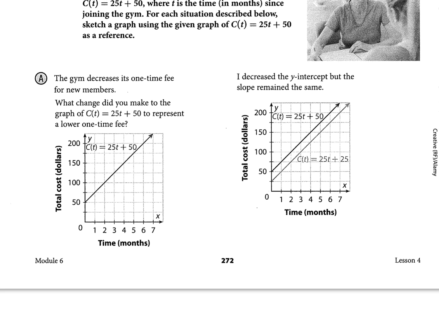What change did you make to the graph to represent a lower one-time fee? We would need to reduce the slope or the y-intercept if we're changing the one-time fee. We would have to decrease the y-intercept.